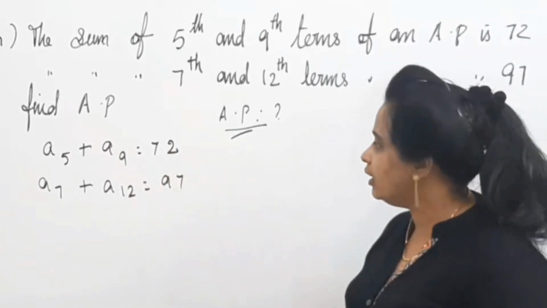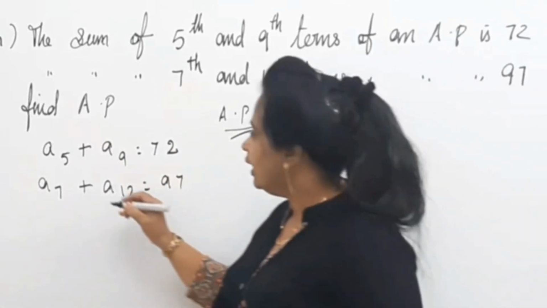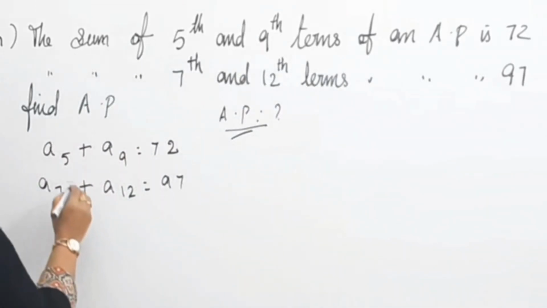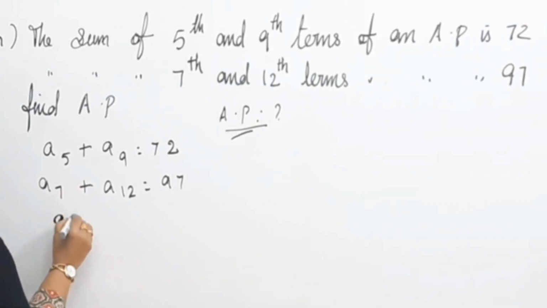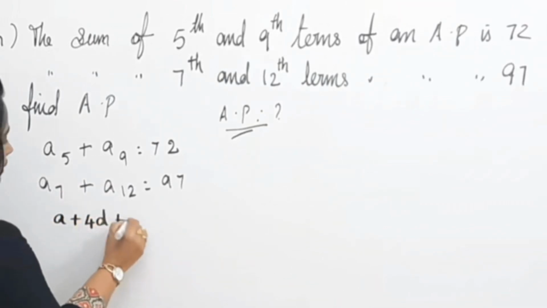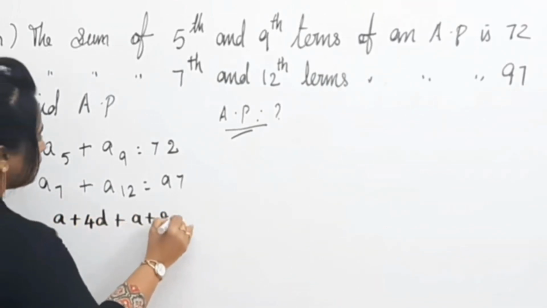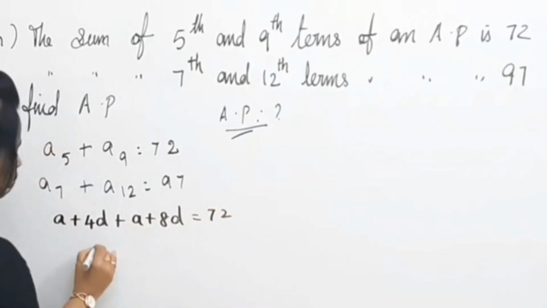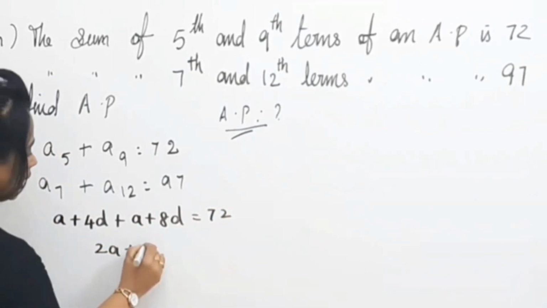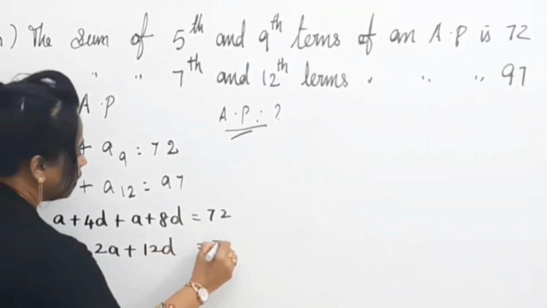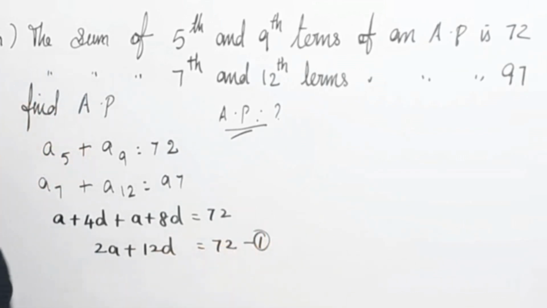So this is given. Now I'm going to write A5 plus A9 as a plus 4d plus a plus 8d equal to 72. So I would have 2a plus 12d is equal to 72. That's my first equation.